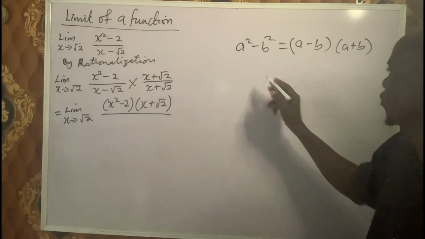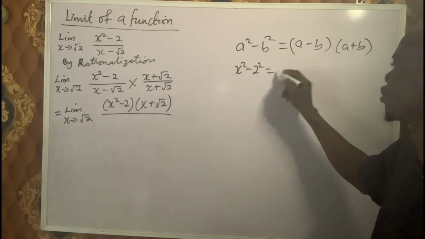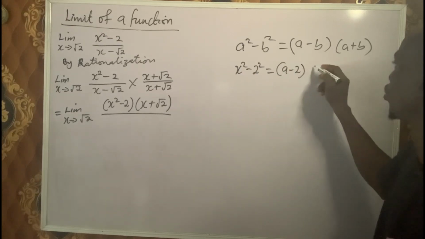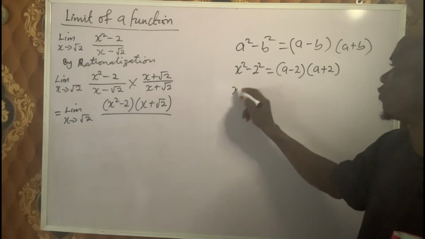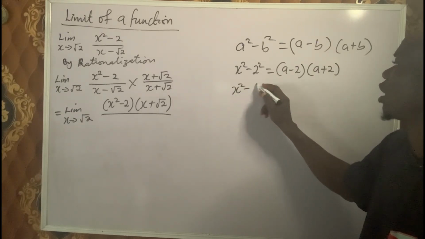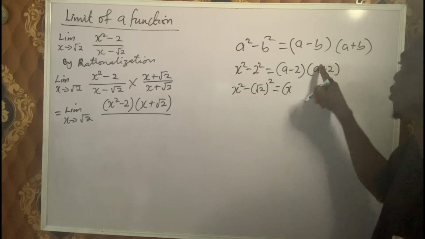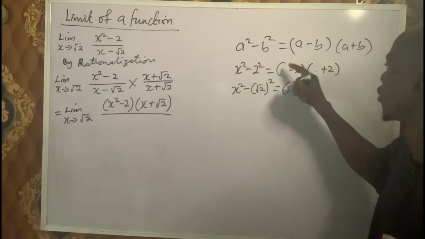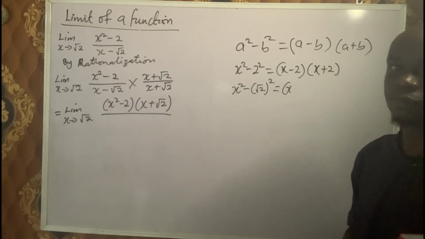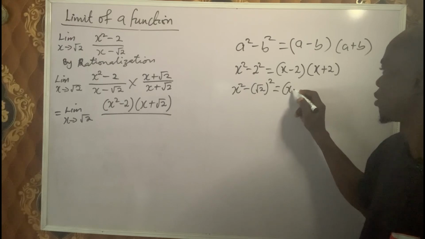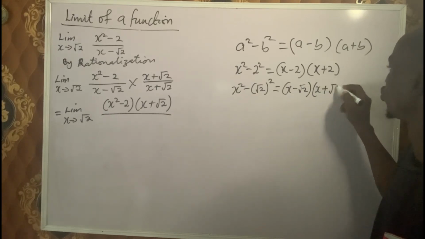Which means if I have x squared minus 2 squared, it is equal to x minus 2 times x plus 2. Similarly, if I have x squared minus root 2 squared, it is equal to x minus root 2 times x plus root 2. Are we good?